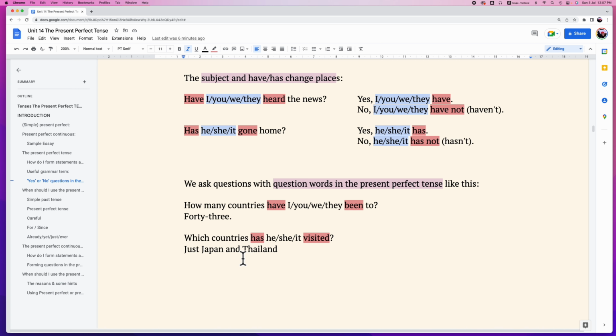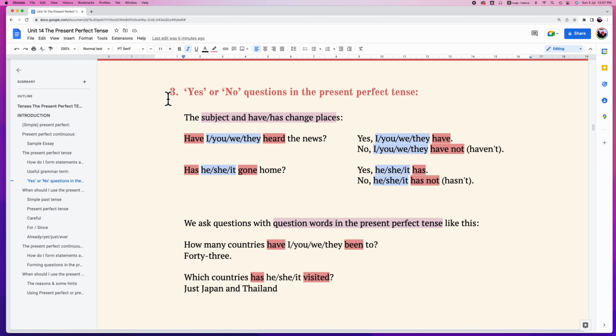Then how about forming questions while using present perfect? Let's take a look. Forming yes or no questions in present perfect tense. The only thing that one needs to do is to change the positions of the subject and has or have.